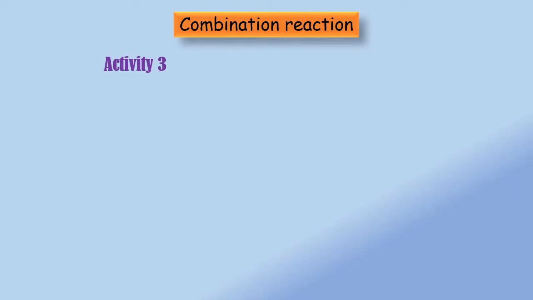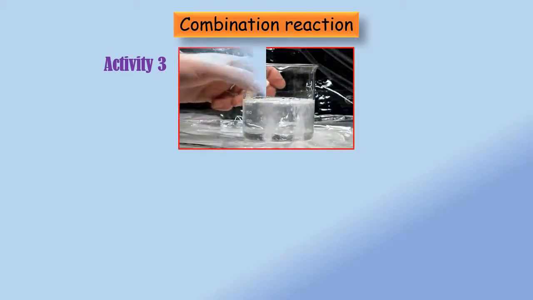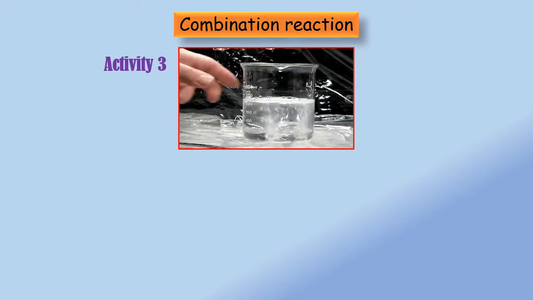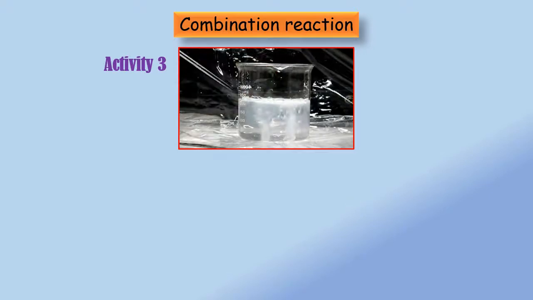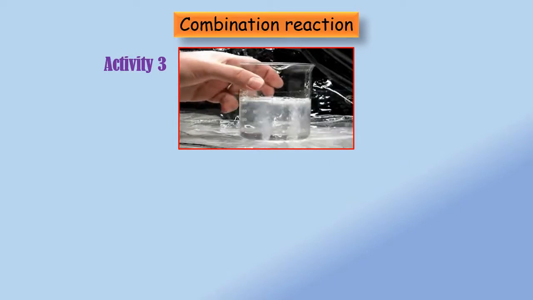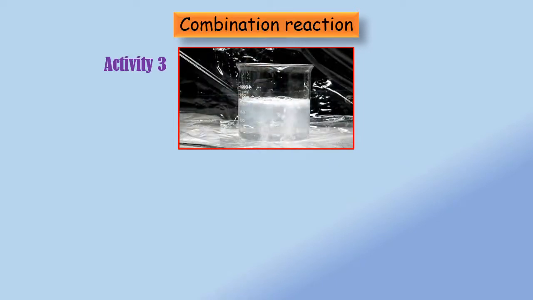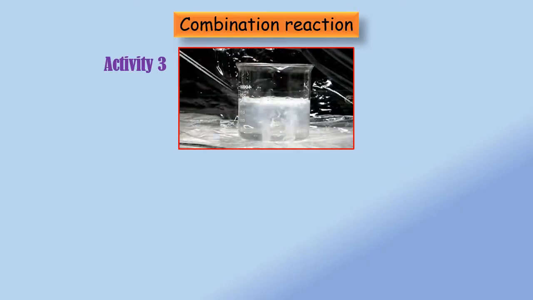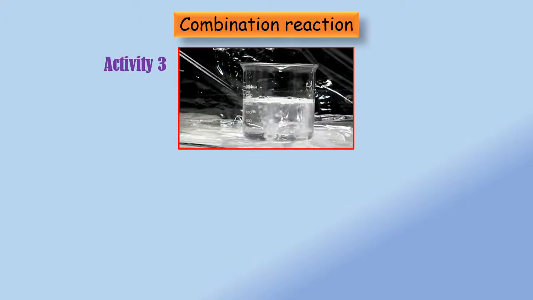Take water in a beaker up to half of its capacity. Now add a few pieces of slaked lime, that is calcium oxide, to it. Calcium hydroxide, that is Ca(OH)2, is formed by the combination of calcium oxide and water with generation of a large amount of heat.